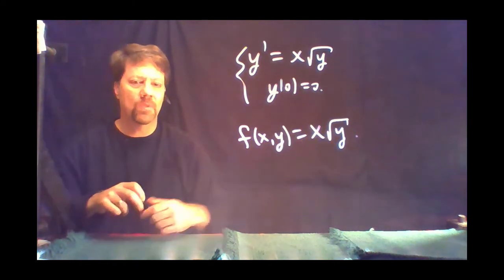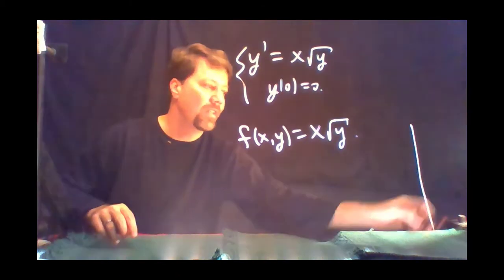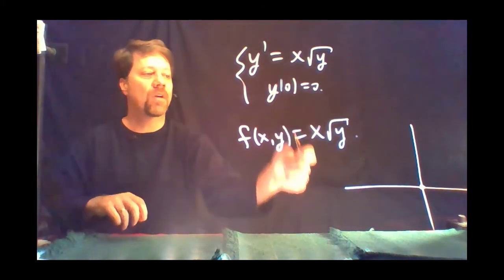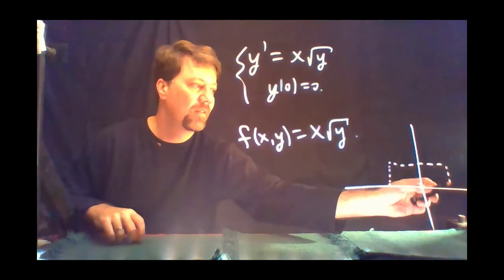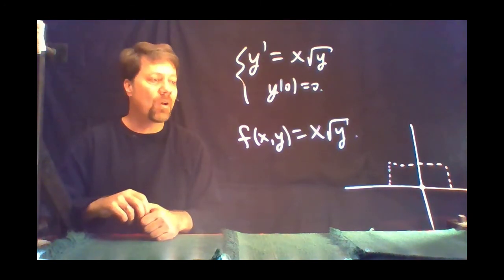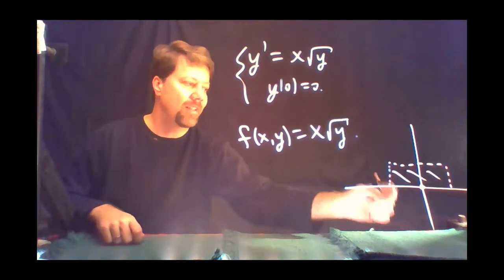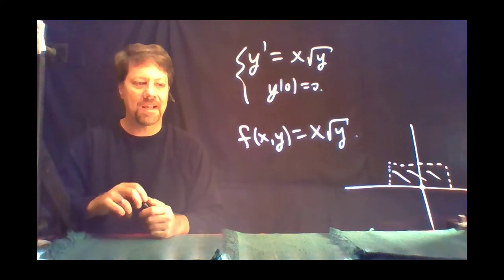In particular, when y is negative, we don't get real answers. So in the xy plane, if our initial point is at 0, 0, we can only have open rectangles above the axis, but not below, because the function is not defined down here. At least it does not give real values down there.